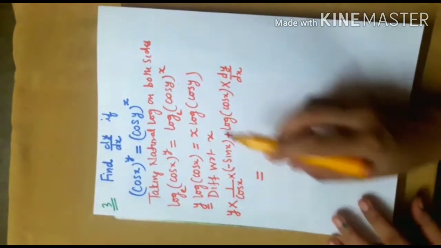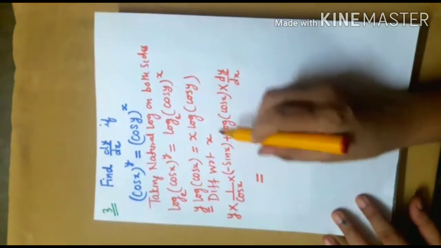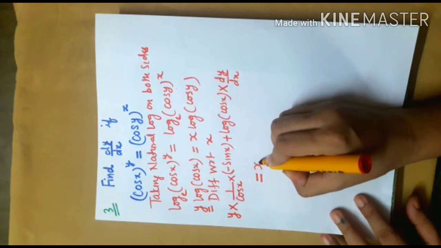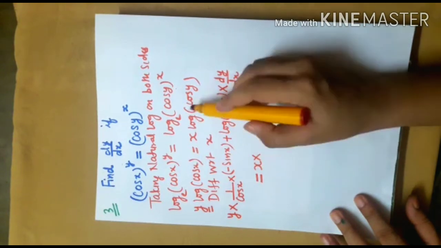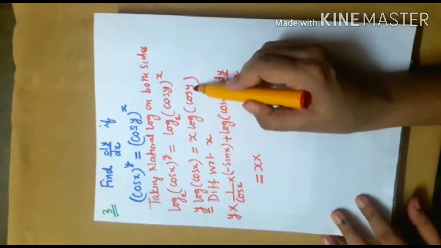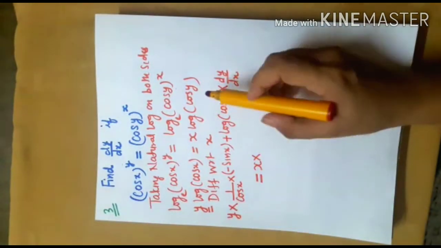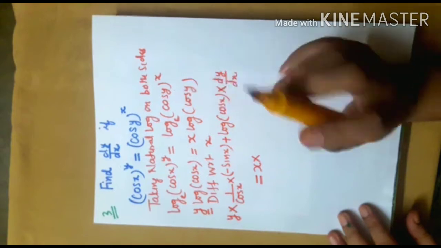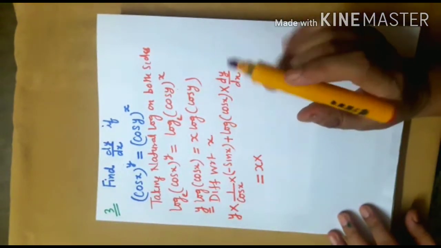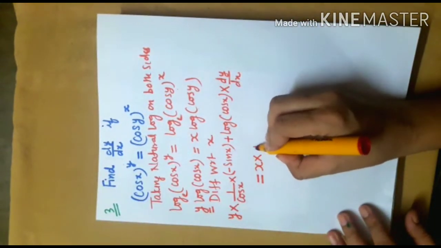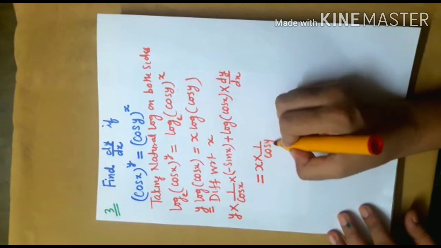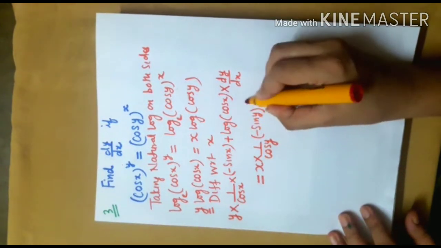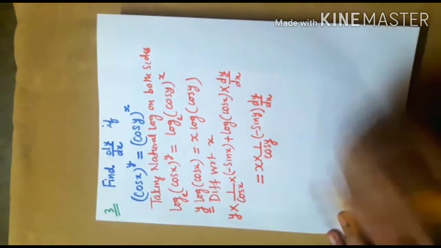This is equal to, now come to this side. Again I'll apply the product rule. So first function, that is x, into derivative of second function with respect to x. I'll apply the chain rule. So log cos y, I have to differentiate this with respect to x. So it will be 1 over cos y into minus sin y into dy by dx, right?